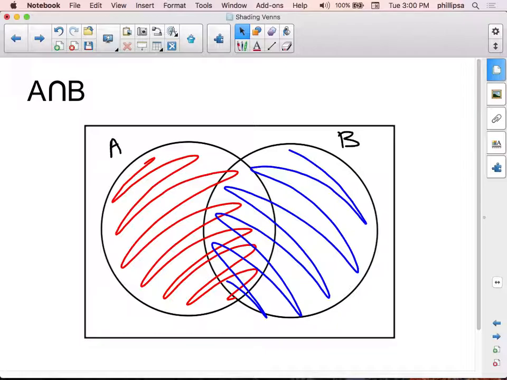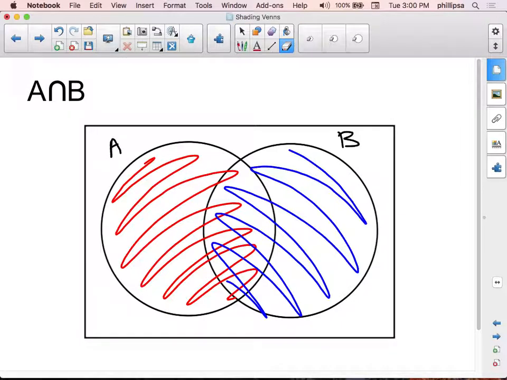You're either looking where your colors overlap, where I have blue and red, or where your shadings crisscross, if you shade similar to how I did, or you're looking for a darker shading because you would have double shaded the area representing the intersection.